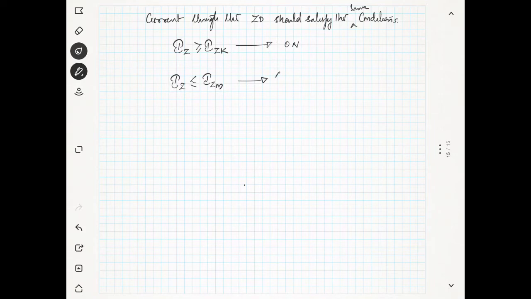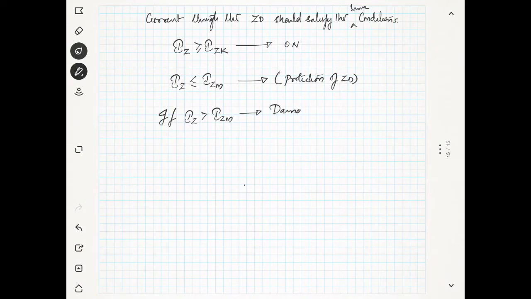So this is regarding the protection of the Zener diode. If the current Iz becomes greater than Izm, the possibility of damage is very high.